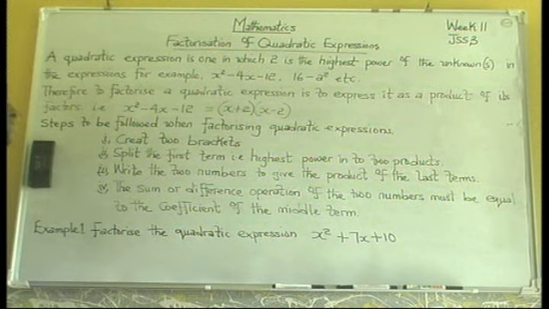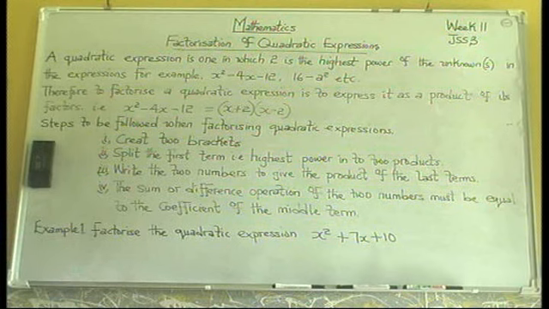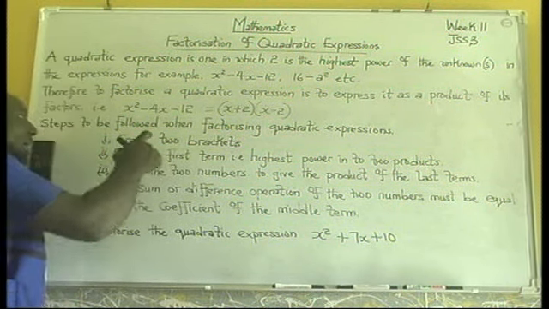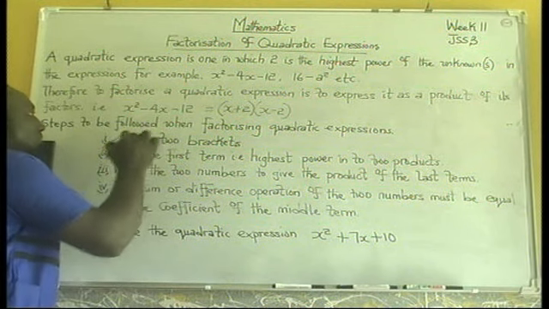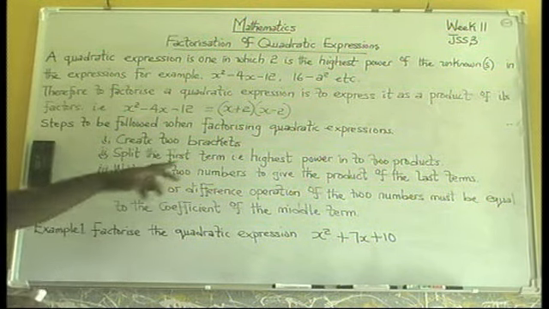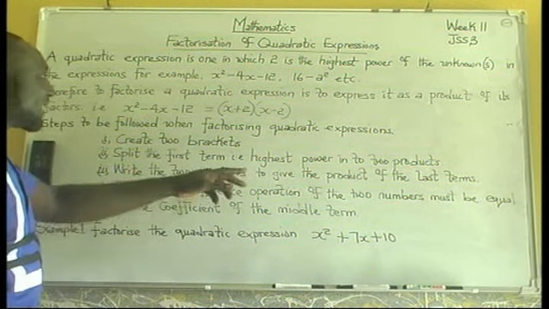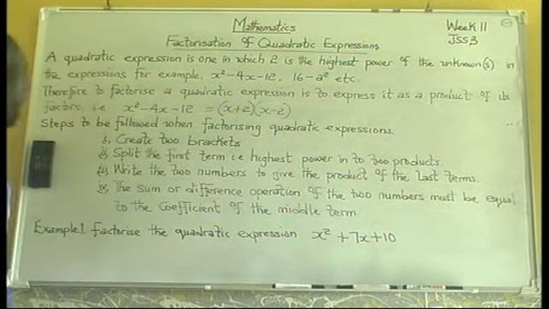So, steps to be followed when factorizing quadratic expressions. Number 1, create 2 brackets. Number 2, split the first term, that is the highest power, into 2 products.